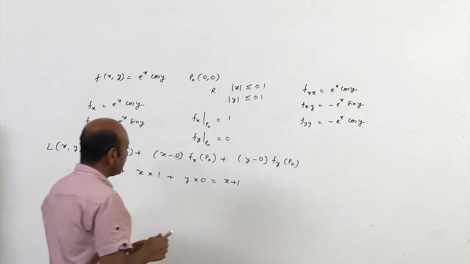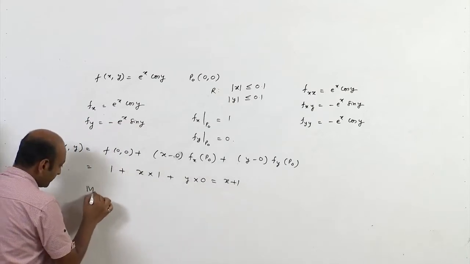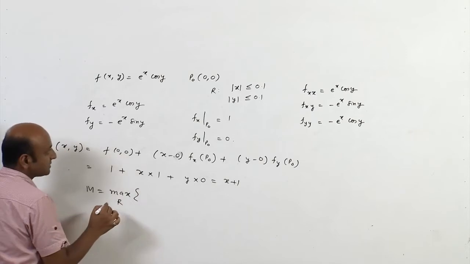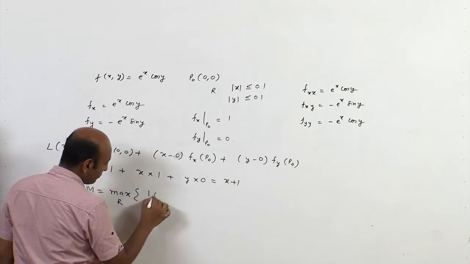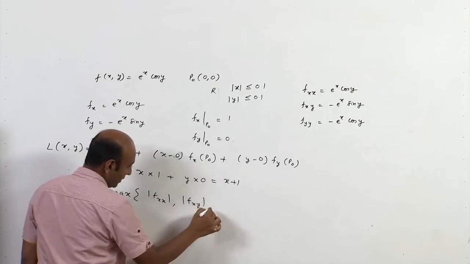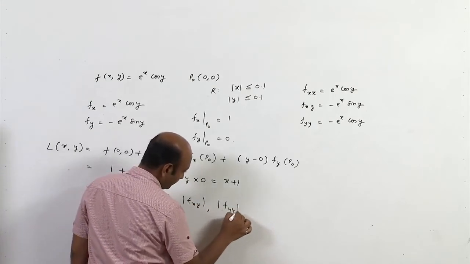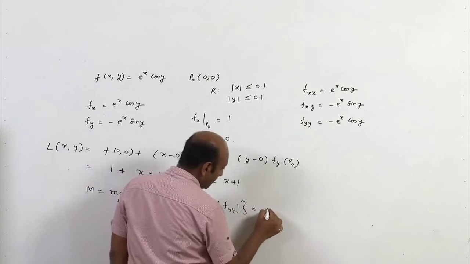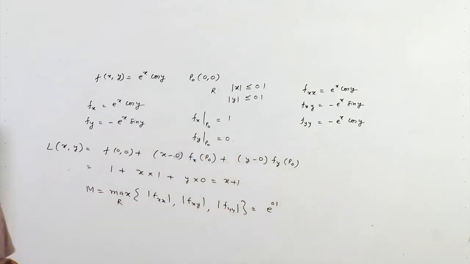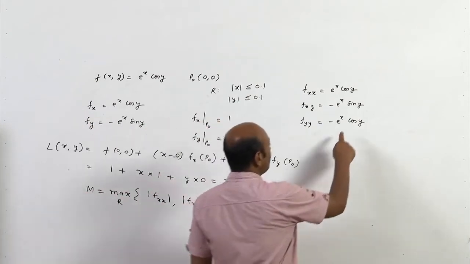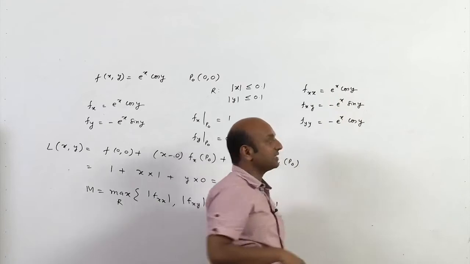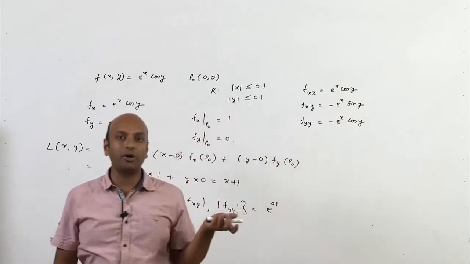So, we can say that M, which is maximum over R of |f_xx|, |f_xy| and |f_yy|, will be e raised to power 0.1, because the maximum value of sin or cos is always 1 and maximum value of e raised to power x in this region is e raised to power 0.1.